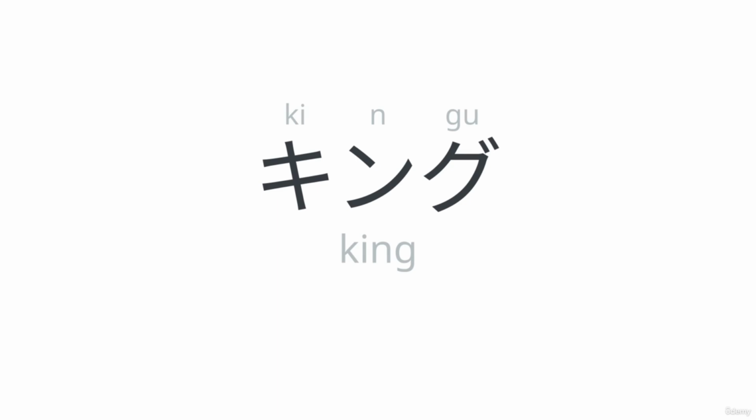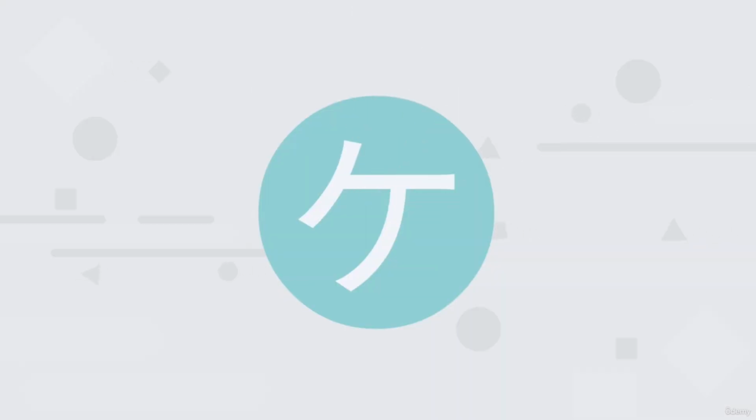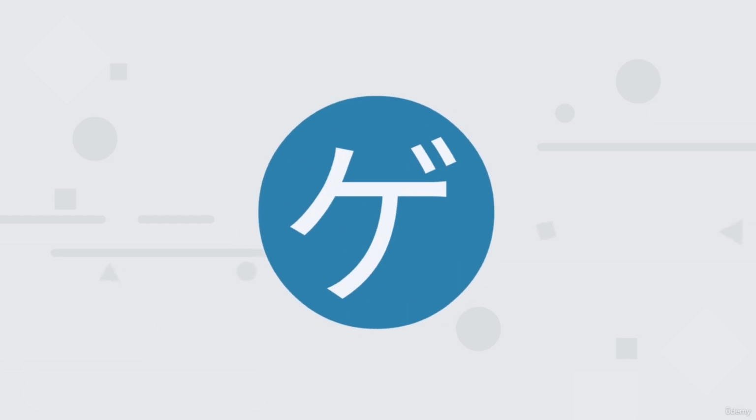King. What is this character? Ke. How would you read this character? Ge.